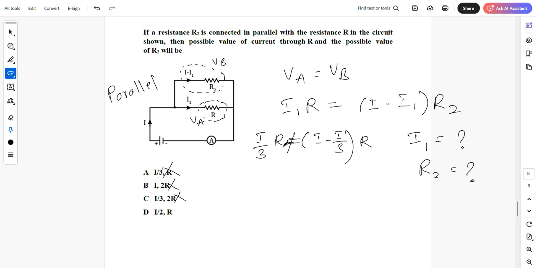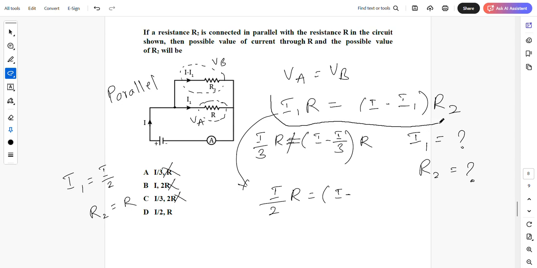Now let us see the last option. What do I take for I1? I take I by 2, so I by 2 into R is equal to I minus I by 2. I have taken I1 as I by 2 and R2 as R, in the last option.